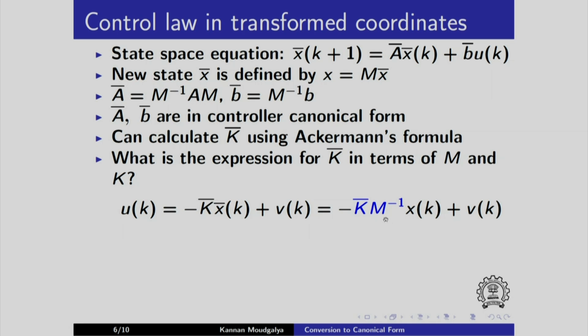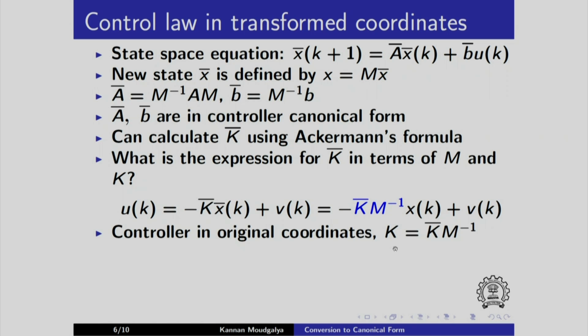So x bar is as given here, m inverse into x, and this k bar I write it as it is, plus v of k, and this is nothing but k in the original coordinates, and hence I get the expression k equals k bar m inverse.